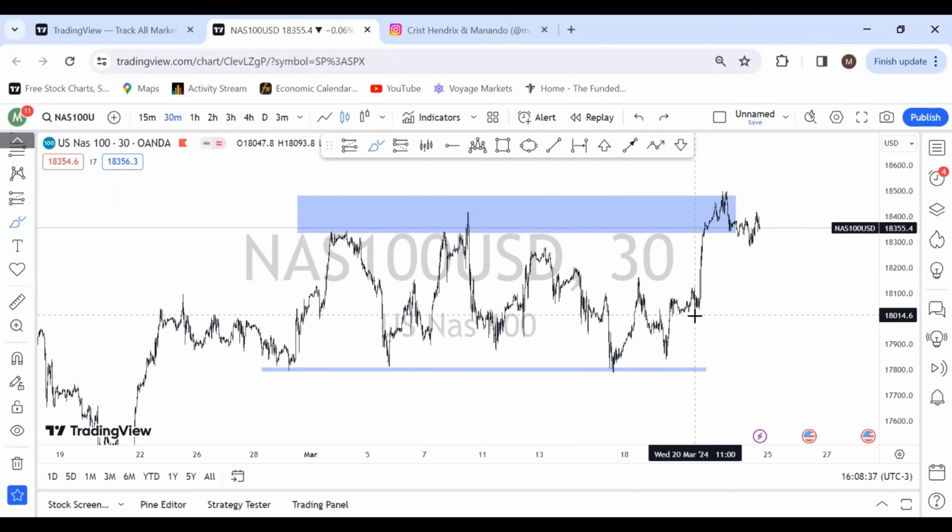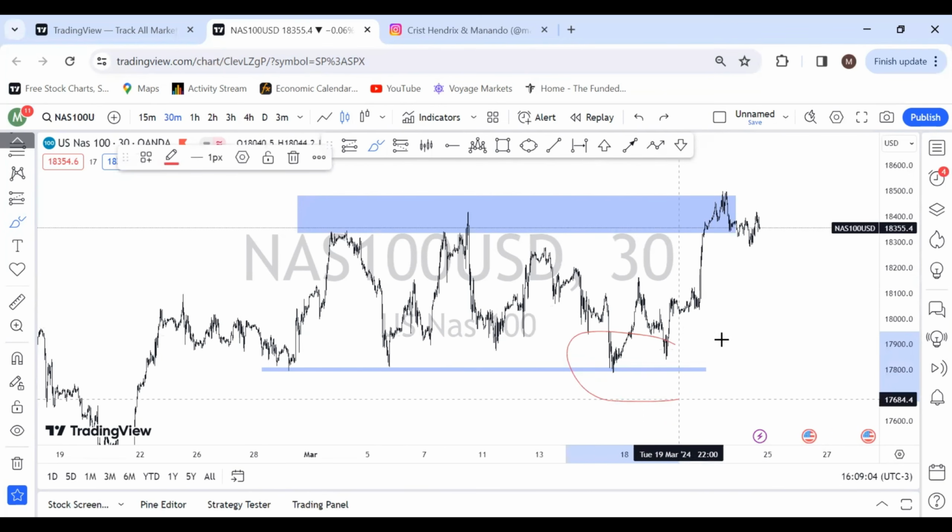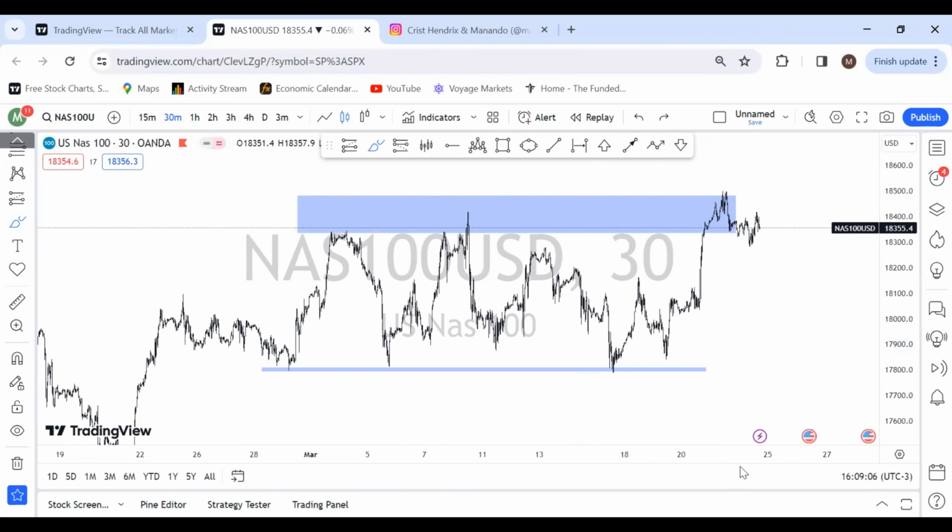That gives us an idea that the price might be moving away from the support to the resistance, because usually when it comes to your third touch in your structure, it will give you the highest probability when it comes to getting your entries. So let's focus from this point.